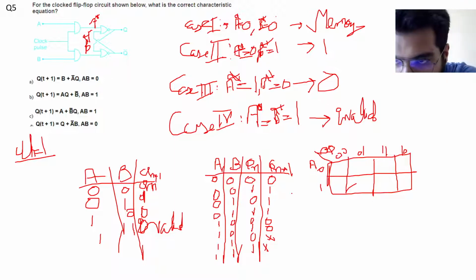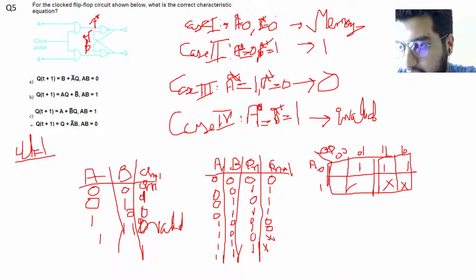So this is 1 only when 0, 0, 1, 0, 1, 0 and 0, 1, 1, and we have don't care for 1, 1, 0 and 1, 1, 1. So drawing the square, first square, and drawing the pair.